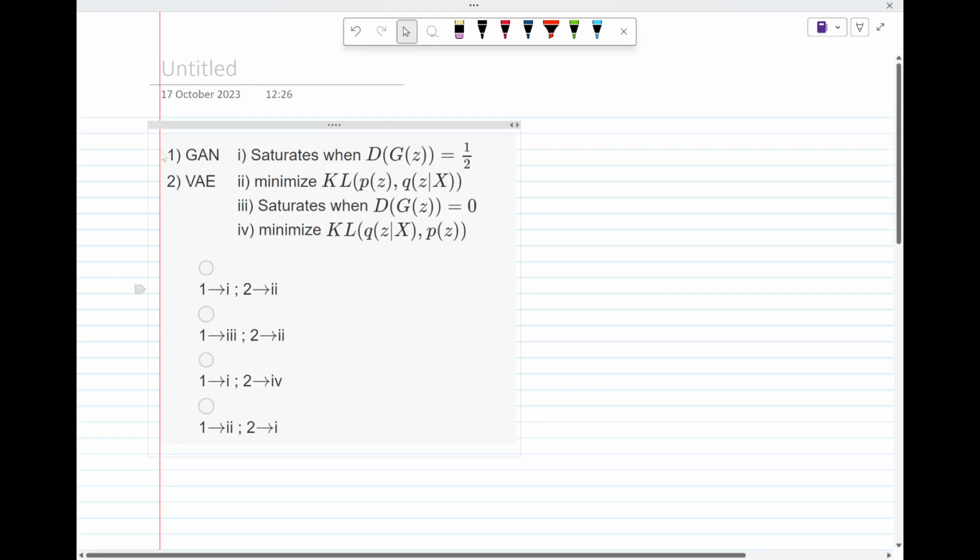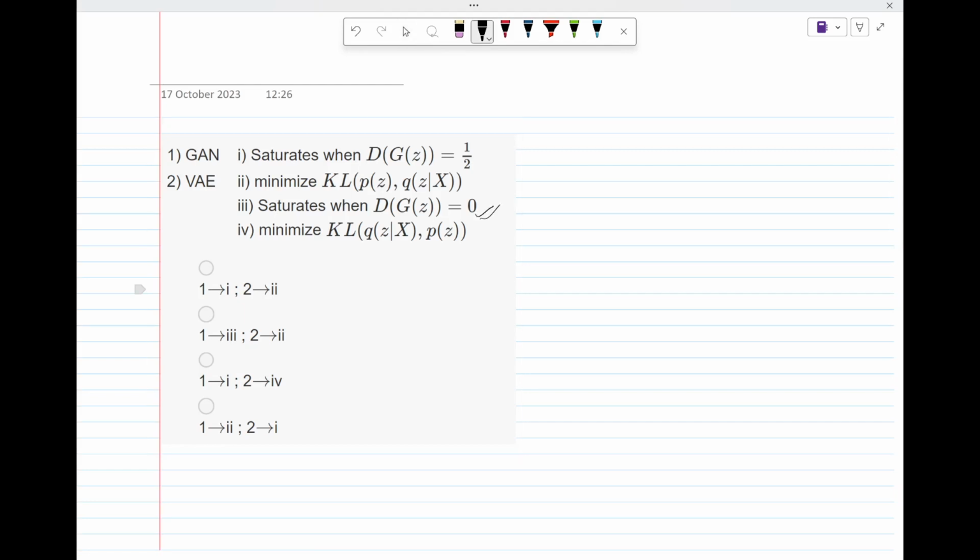So let's look at the GAN one first, 1 and 3. They are asking when does this saturate, probably during training? So D(G(z)) equal to 0 means the discriminator has become very good at predicting that the images are generated by a generator, they are not real.